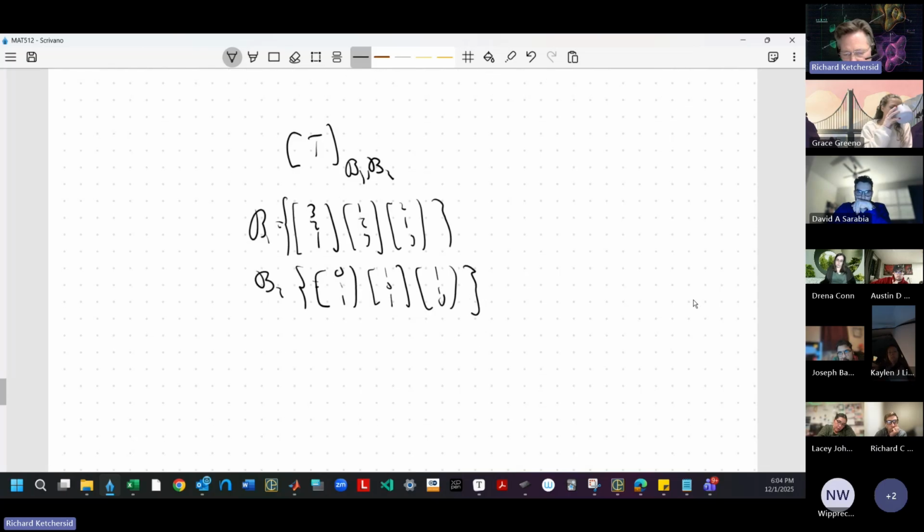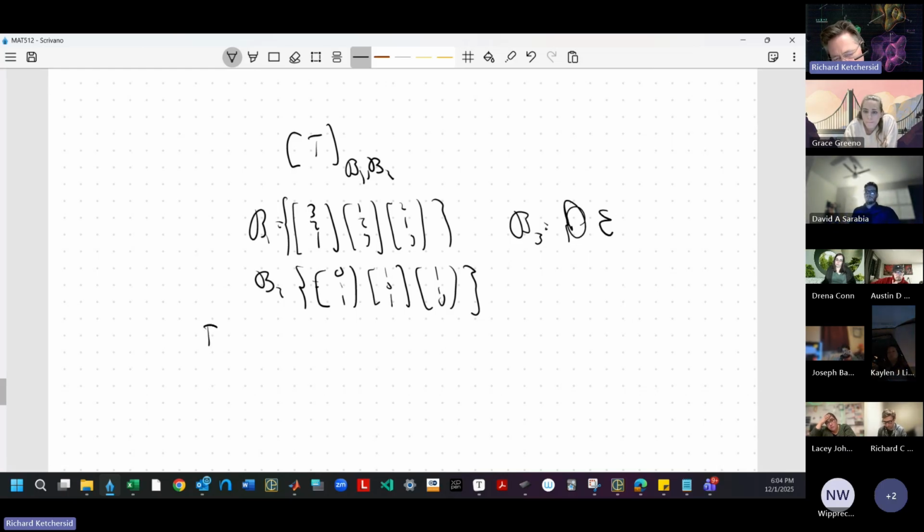Oh my gosh, I need some more things. My B3, let's just have these be the identity. Why not? In fact, I guess that's what I want the next thing to do anyway. So we'll just have B3, the basis, be the standard basis. So B3 will just be E, right?